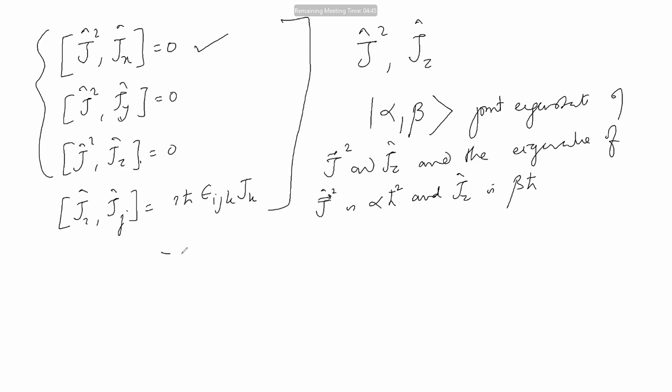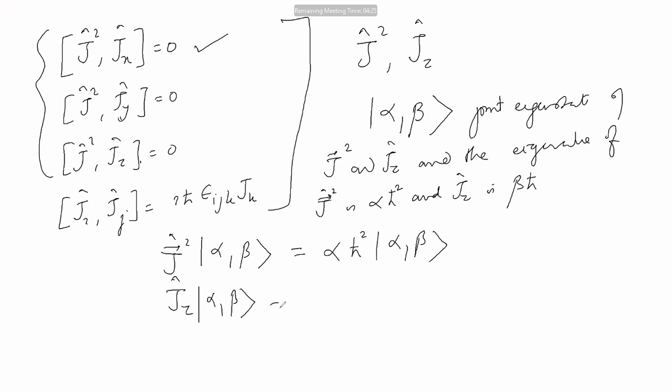Therefore, we write J square operating on this joint eigenstate gives the eigenvalue alpha h cross square times alpha beta, and Jz on alpha beta is equal to beta h cross times alpha beta.